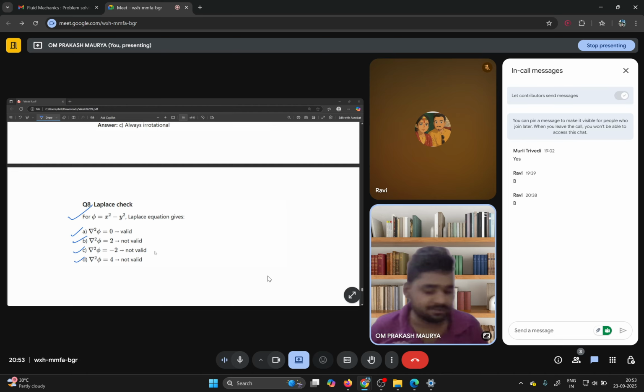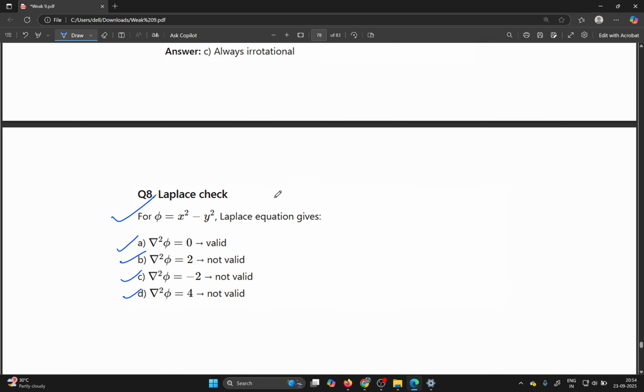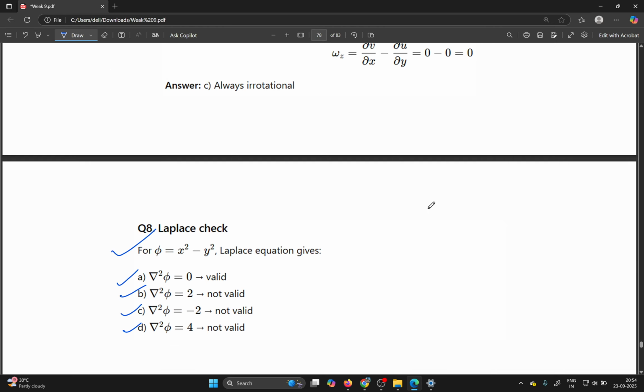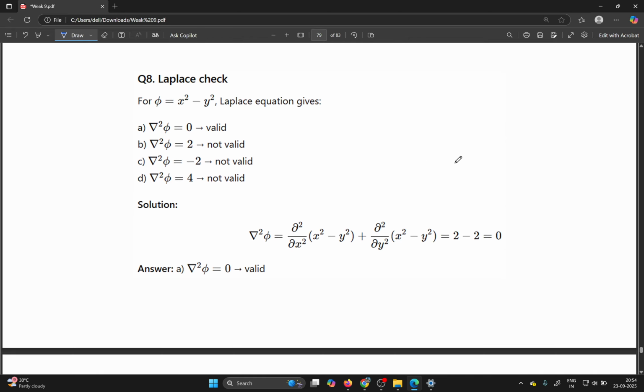So the Laplace operator is nothing but whatever we have discussed here, just these things only. You need to think on that. Let me just show you.